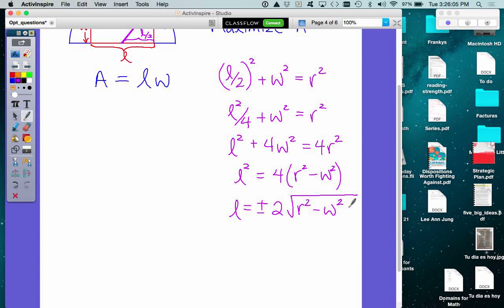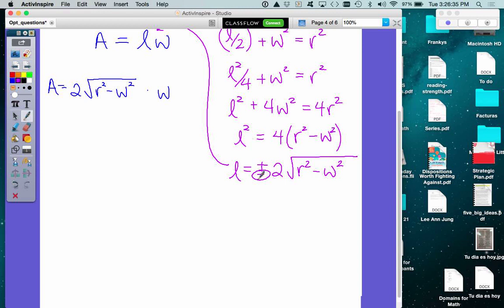And I can substitute that back into my value for L right there. So my area formula now becomes A = 2 times the square root of R^2 - W^2, times W. I have to account for the fact that there is a plus and a minus root back here where we calculated L, but we can eliminate this negative root and say that it is extraneous because we know that the length of the rectangle needs to be a positive number.